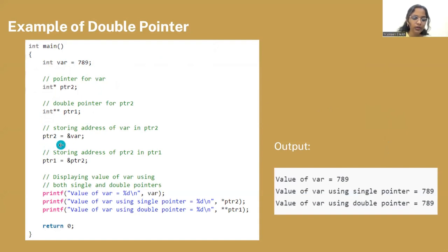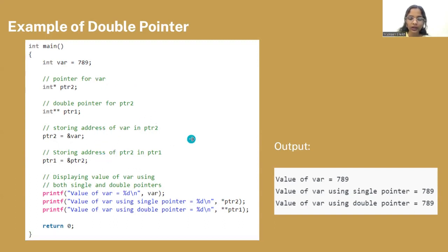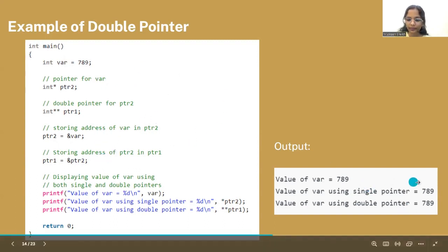So pointer2 is equal to ampersand of variable, which means it is storing the address of the variable in pointer2. And then pointer1 is equal to ampersand of pointer2, which means pointer1 is storing the address of pointer2. So when we display the variable, the single pointer and the double pointer, we get the same number.